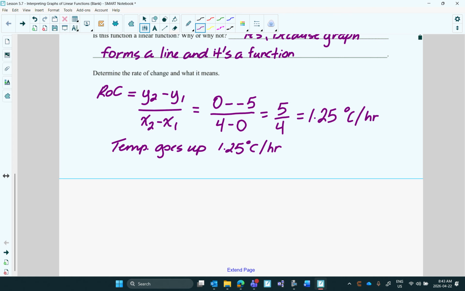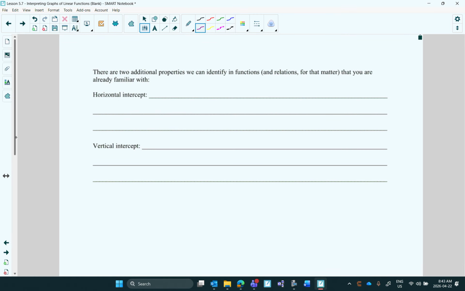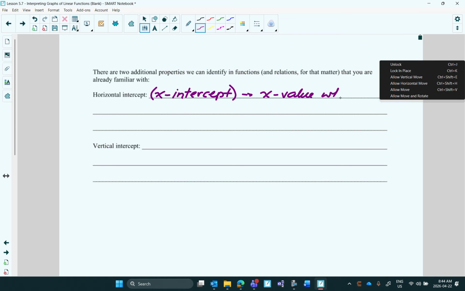Two other things that we can talk about with linear functions, and we've done these before, we just use different names. The horizontal intercept and the vertical intercept. Well, the horizontal intercept, remember horizontal is the x-axis, so the horizontal intercept is the same as the x-intercept. Or it's the x value when y is equal to 0.